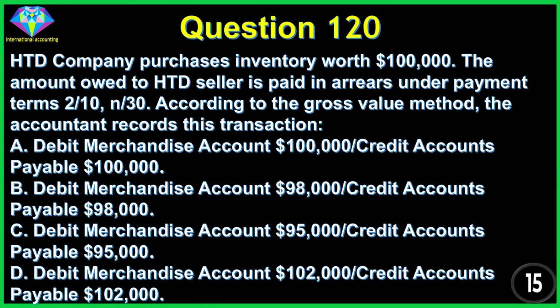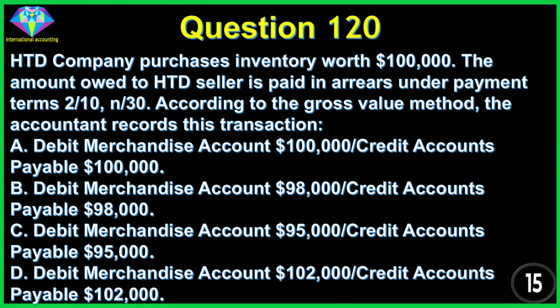HTD Company purchases inventory worth $100,000. The amount owed to the seller is paid in arrears under payment terms 2/10, n/30. According to the gross value method, the accountant records this transaction. A. Debit merchandise account $100,000 per credit accounts payable $100,000. B. Debit merchandise account $98,000 per credit accounts payable $98,000. C. Debit merchandise account $95,000 per credit accounts payable $95,000.